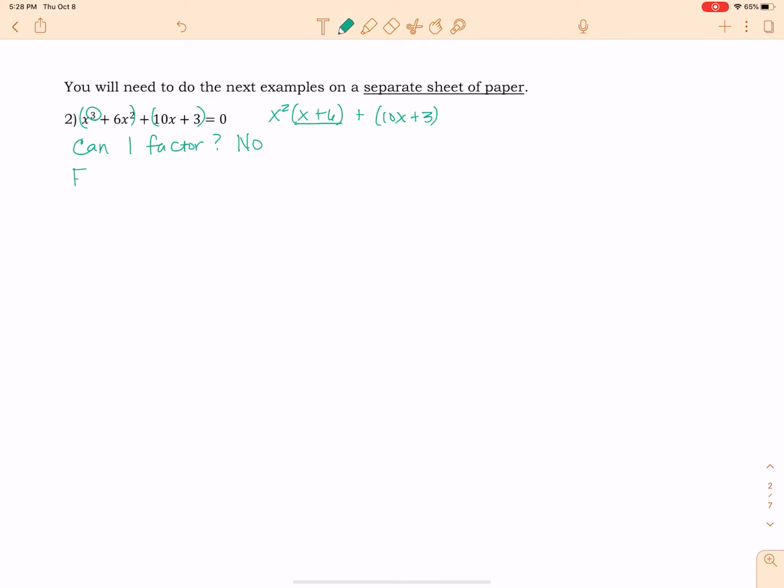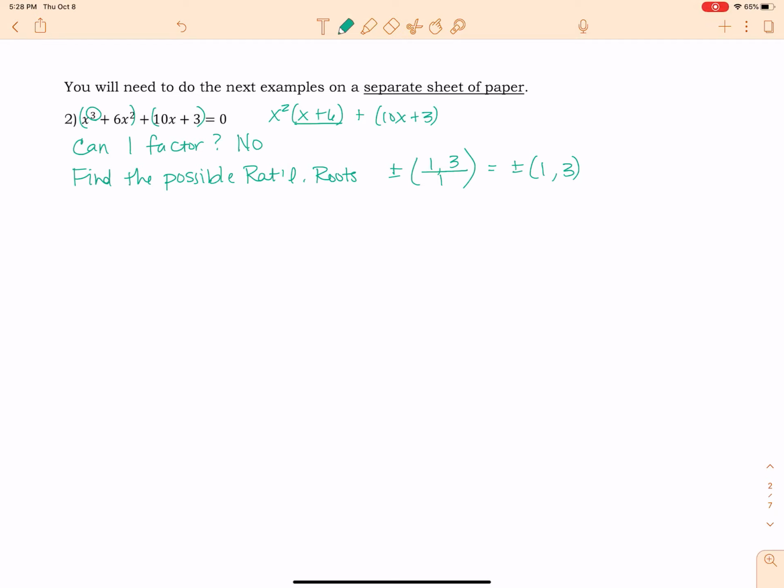Well, the next thing I'm going to do is find the possible rational roots. That's my next step. So I'm going to have plus or minus, and then my constant is 1 and 3, and lead coefficient is 1. So I've got plus or minus 1 and 3.